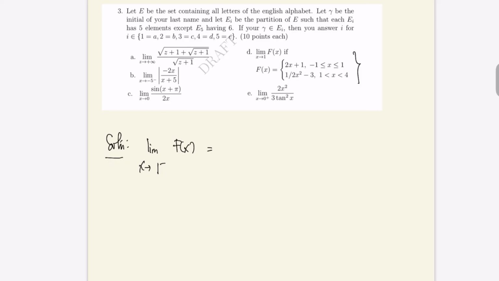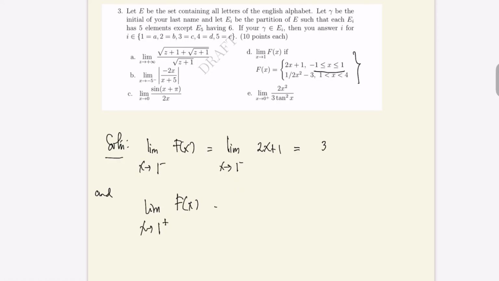So this is the limit of f of x as x approaches 1 from the left first. From the left of 1, we use 2x plus 1 as x approaches 1 from the left. So this is equal to 3. And then, the limit of f of x as x approaches 1 from the right.